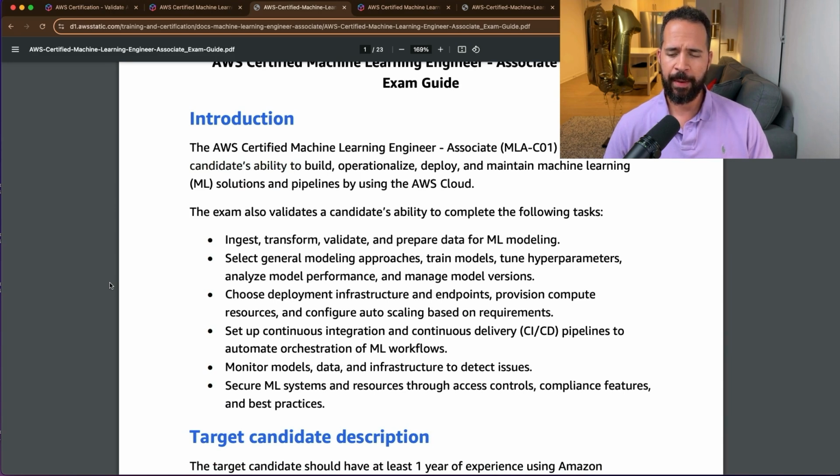You're going to need to be able to do tasks such as ingest, transform, validate, and prepare ML data, select general modeling approaches, train models, tune hyperparameters, analyze model performance, and manage model versions, choose deployment infrastructure and endpoints, provision compute resources, set up continuous integration and continuous delivery pipelines, monitor models, data, and infrastructure to detect issues, and secure ML systems and resources through access controls and compliance features and best practices.